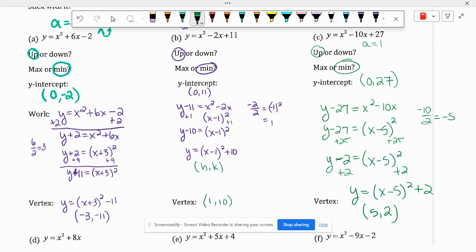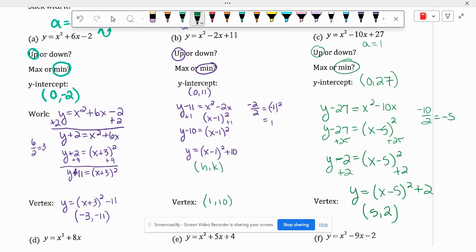Not take the square root of it, but I squared it. 4 squared is 4 times 4, which is 16. So really, I'm adding a secret 16 to this side. I'm going to have to add a secret 16 to the other side. So y plus 16 equals (x plus 4) squared.